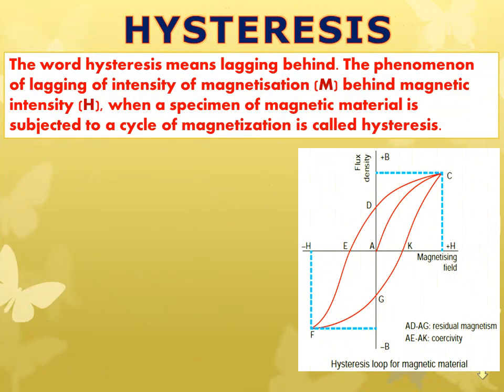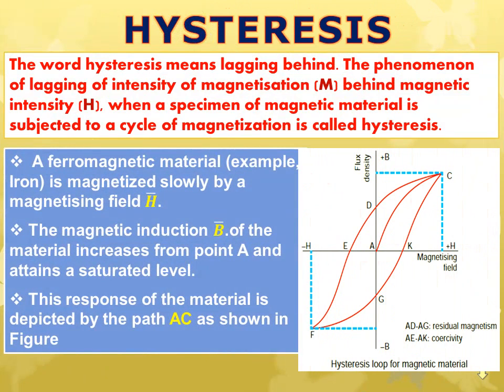Now, when a ferromagnetic material is kept in a magnetizing field like here, the material gets magnetized by induction and reaches the maximum level, that means the saturation level.